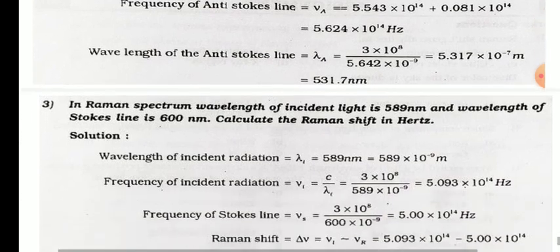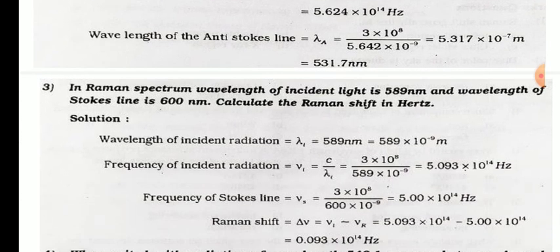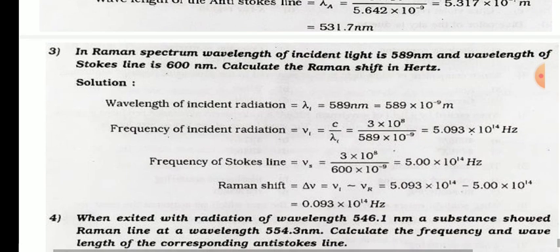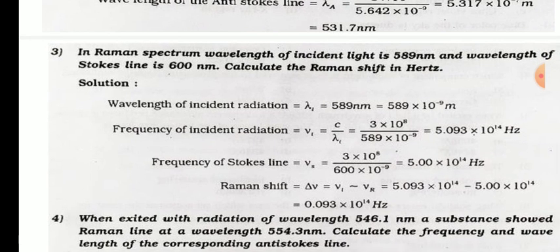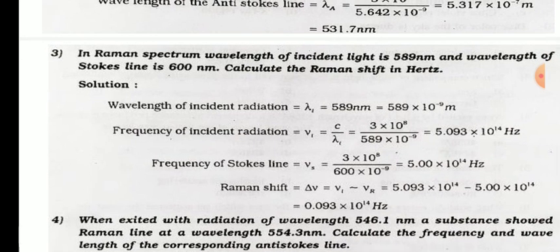In the third problem, in a Raman spectrum, the wavelength of incident light is 589 nanometer and the wavelength of the Stokes line is 600 nanometer. Calculate the Raman shift in hertz. The wavelength of the incident radiation is 589 into 10 raised to minus 9 meter.